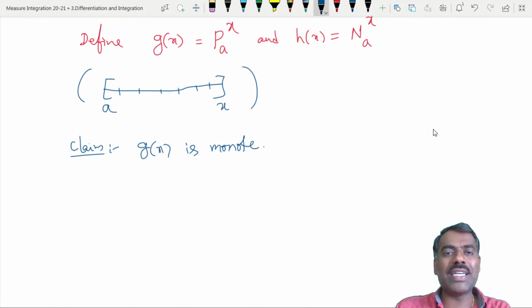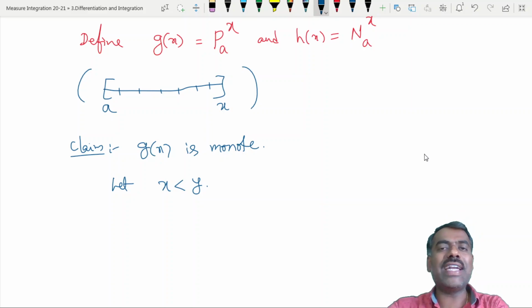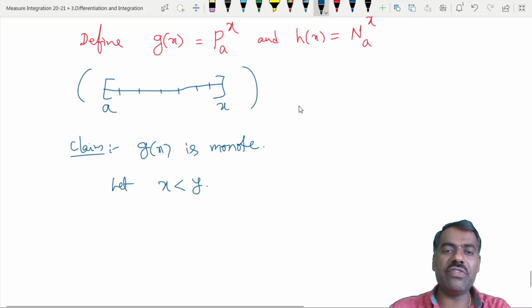If we want to show that some function is monotone, what is the meaning of saying that something is monotone? Start with x less than y, then show that g of x is less than or equal to g of y. In fact, we'll show that it is monotonically increasing.